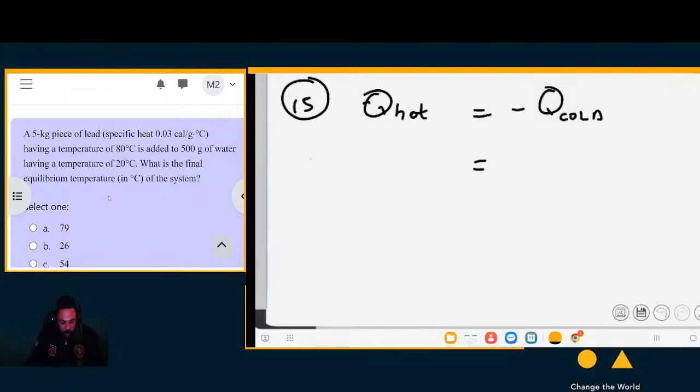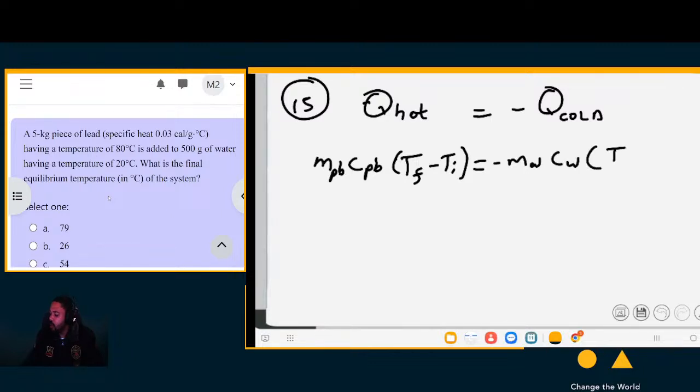We know that heat is mass times specific heat times change in temperature. This is for lead, Pb: mass of lead times specific heat of lead times the change in temperature, which in this case is T final minus T initial. And the same on this side, but in this case it's the negative of the mass of the water multiplied by the specific heat of the water multiplied by T final minus T initial. So there we have it.